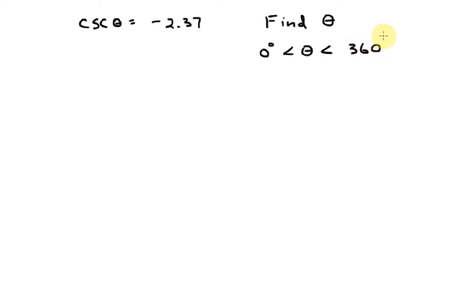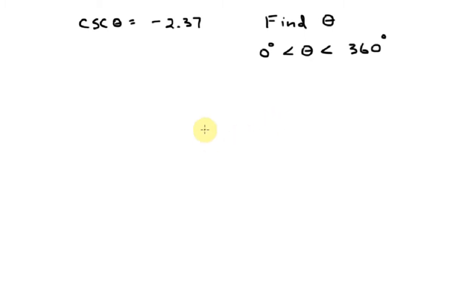Of course, we have to do that because otherwise there are an infinite amount of answers, because you can always add 360 to what you found, and another 360, and another 360.